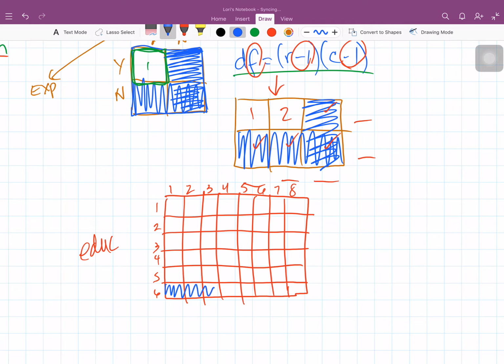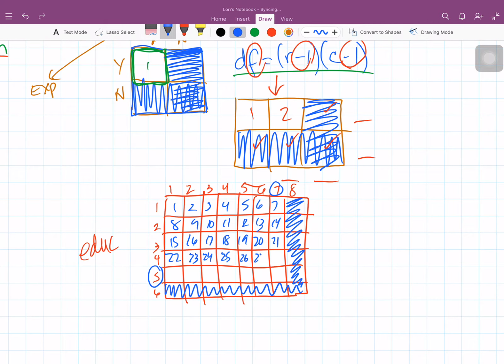First of all, I'm going to scribble out a row, and I'm going to scribble out a column. And I could take 5 times 7, or I could just number them: 1, 2, 3, and so on up to 35.